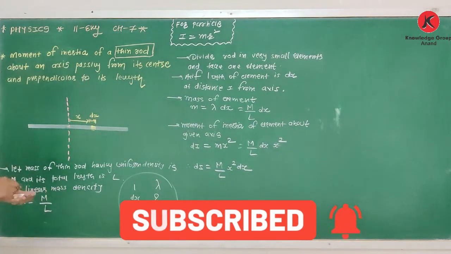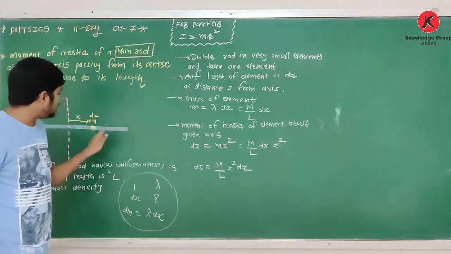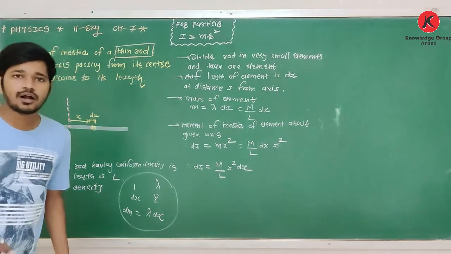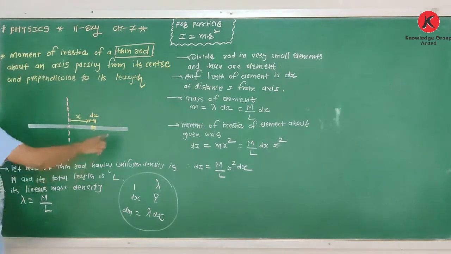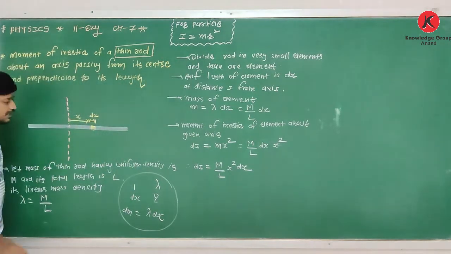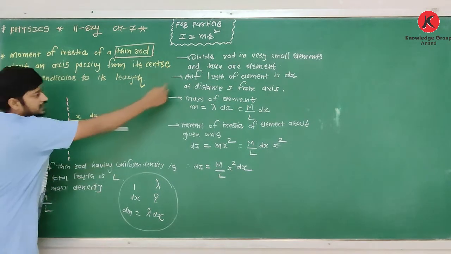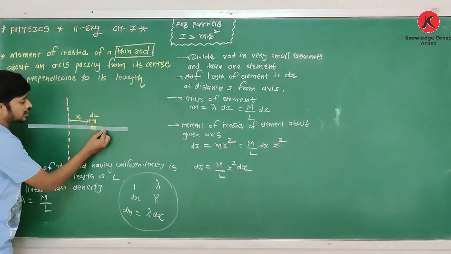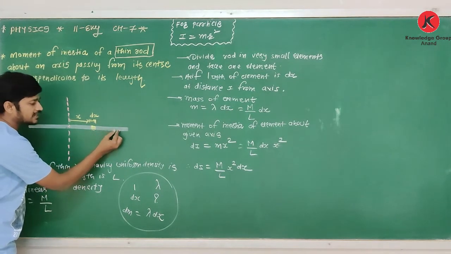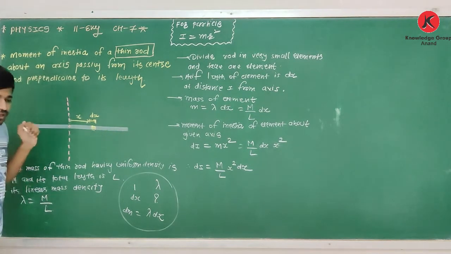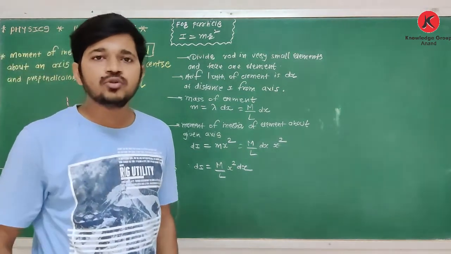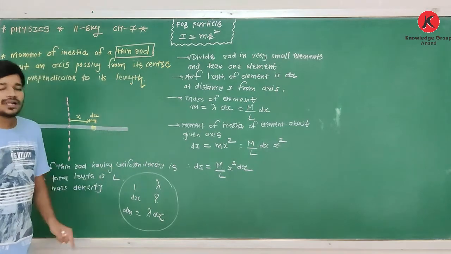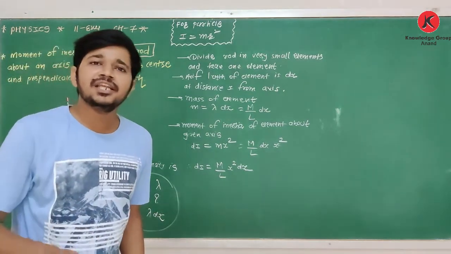But see, it is the moment of inertia of this element only. We have to find the moment of inertia for the whole object. Divide the rod into very small elements. It is only one element. Similar thing you have to find for the next element, and the next, and the next, and to find the total moment of inertia, you have to take their addition. And as the elements are very small, that addition converts into integration.